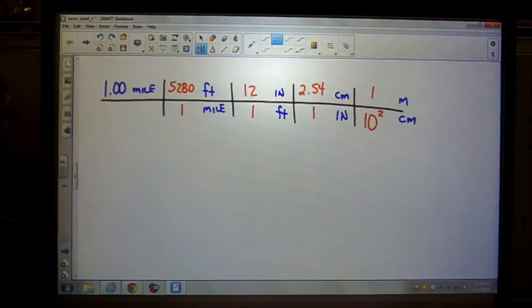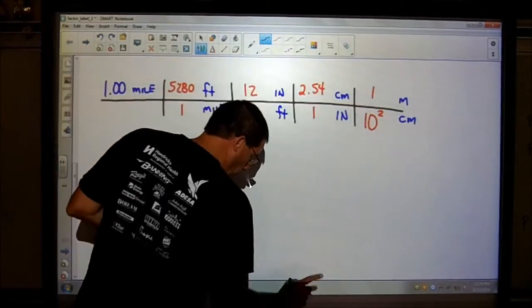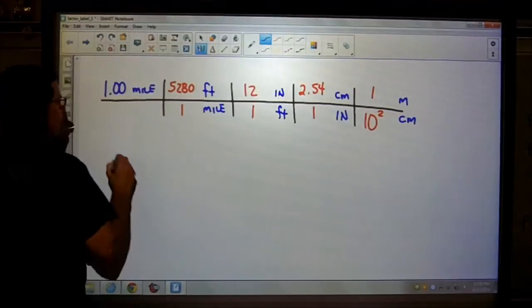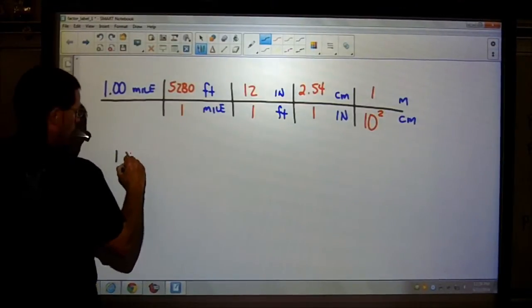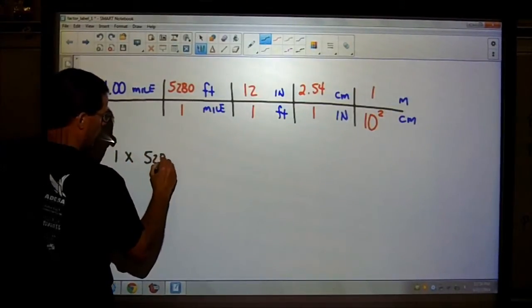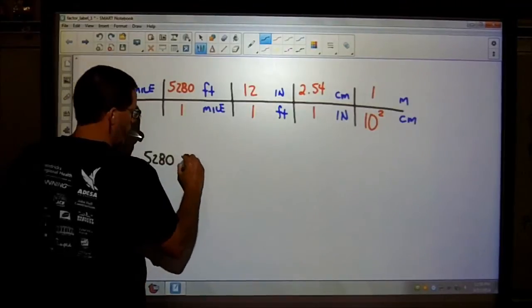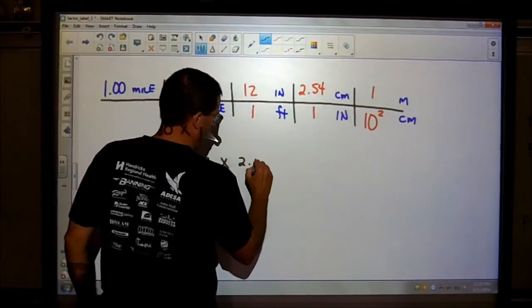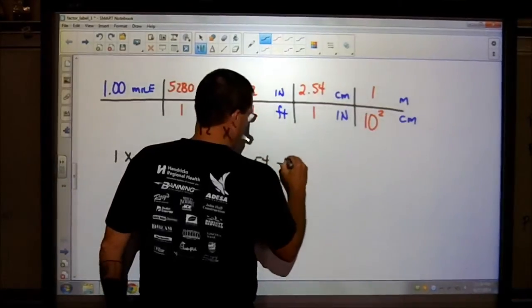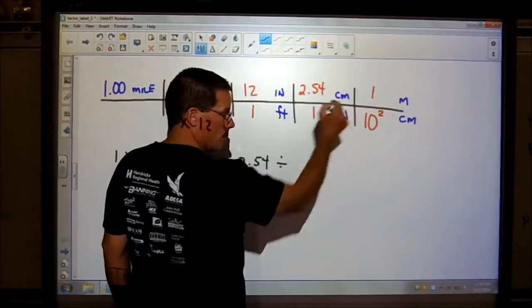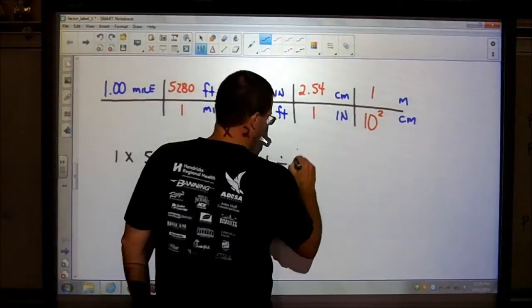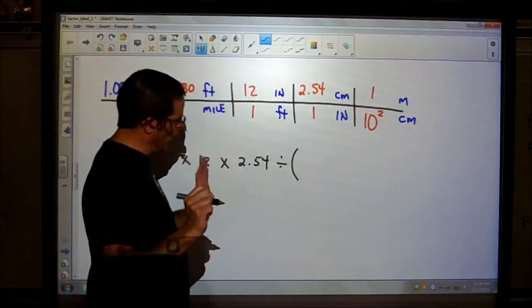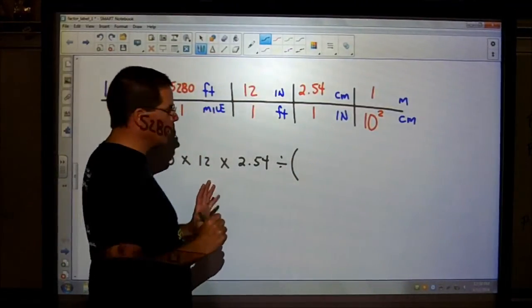Okay. Here's one way to type it in. So I can say, okay, I have 1 times 5,280 times 12 times 2.54 divided by, again, notice I'm multiplying by 1. Open my parentheses, just a good habit to get into. You don't necessarily need it on this one.